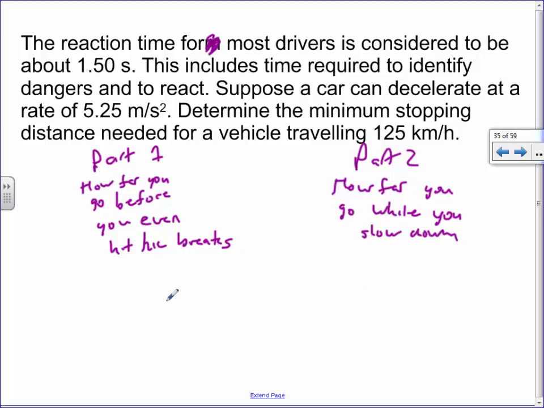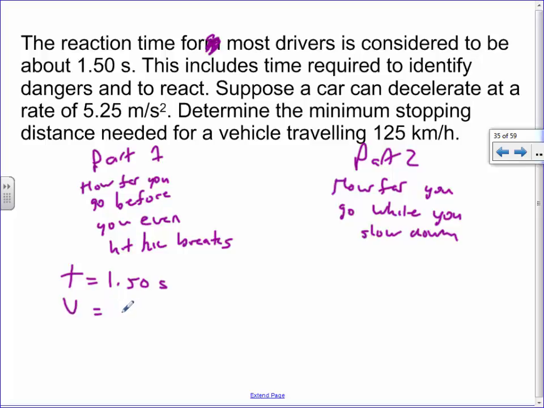Okay, let's list out what we know in the first section. Before you even hit the brakes, there's a time, right? The time it's going to take you to hit the brakes is 1.50 seconds. We also know your velocity, but this is a little different.